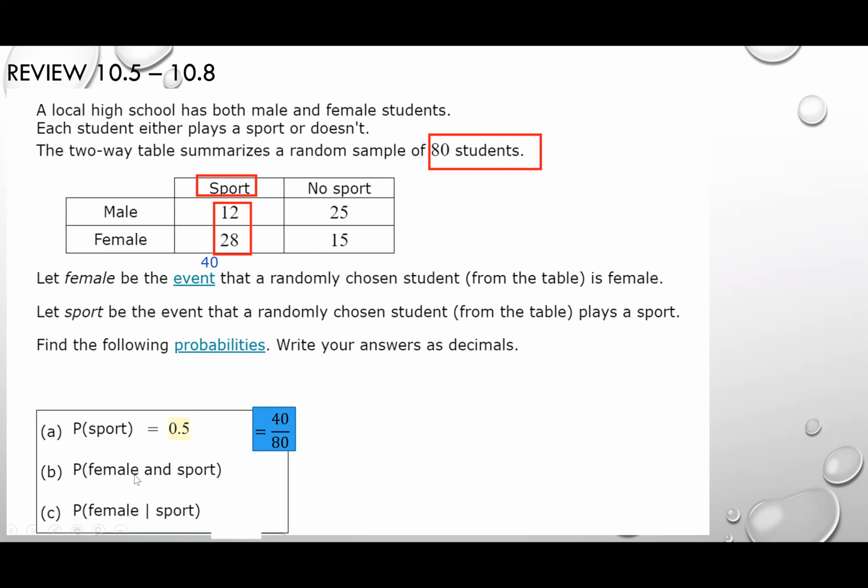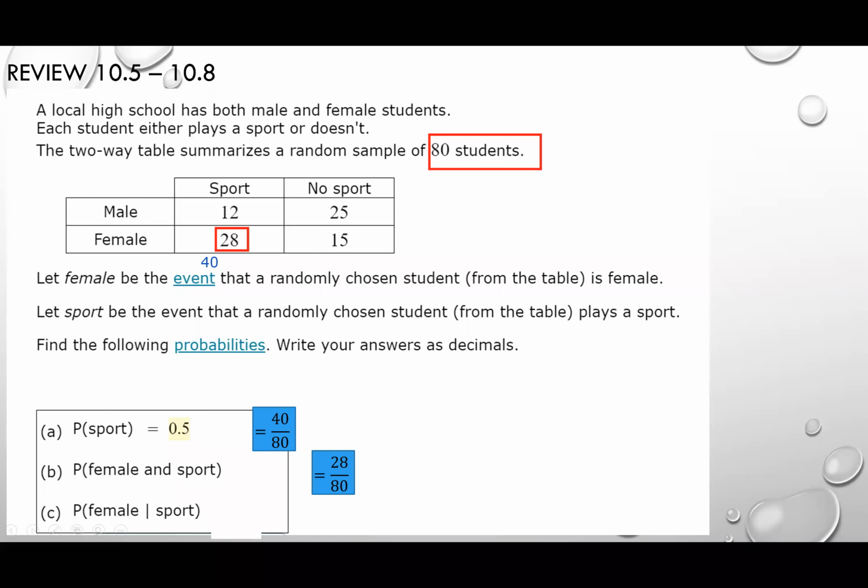Now for part B, they ask us about the female who plays sport. How many females play sport? Well, the female who plays sport is this item here. So we just take the female who plays sport, which is the 28, divided by the total, which is 80.